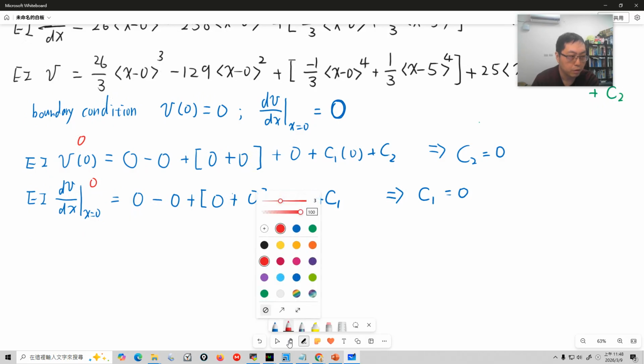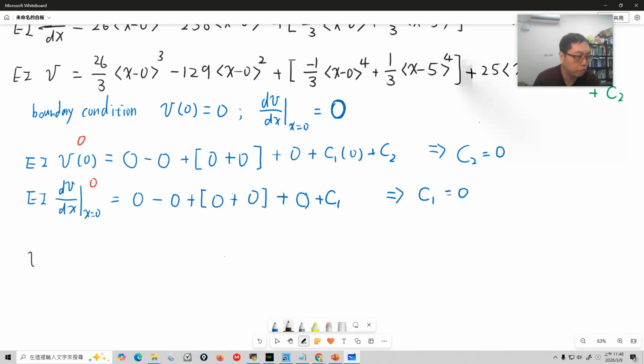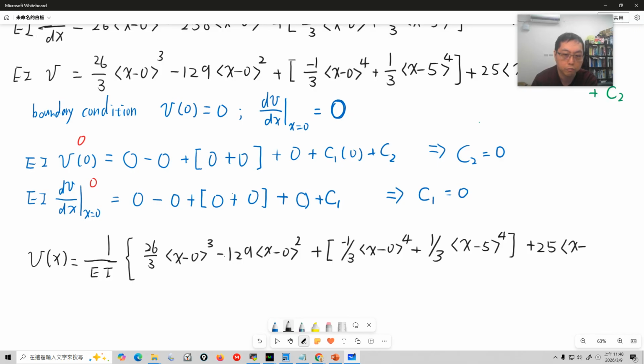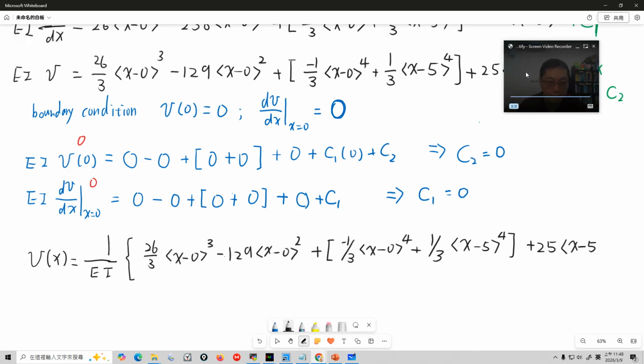Our elastic curve finally is v of x equal to 1 over EI times, and that's a lot of brackets, 3x minus 0 to the power 3 minus 129 times x minus 0 to the power 2, plus minus 4 times x minus 0 to the power 4, then x minus 5 to the power 4, and plus 25 times x minus 5 to the power 2, and this is the bracket.